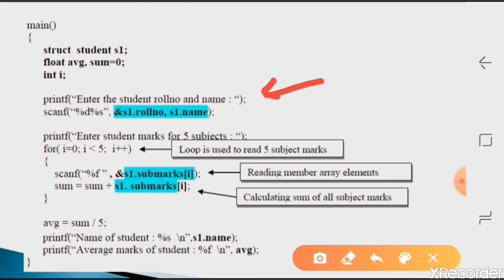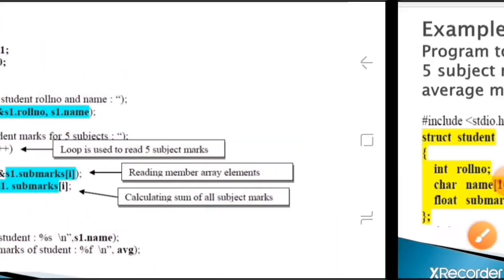Here we'll use one loop, starting with i equal to 0 to i less than 5, that is a total of 5 iterations, 0 to 4. In scanf we are reading the subject marks, s1.submarks, the field we defined.